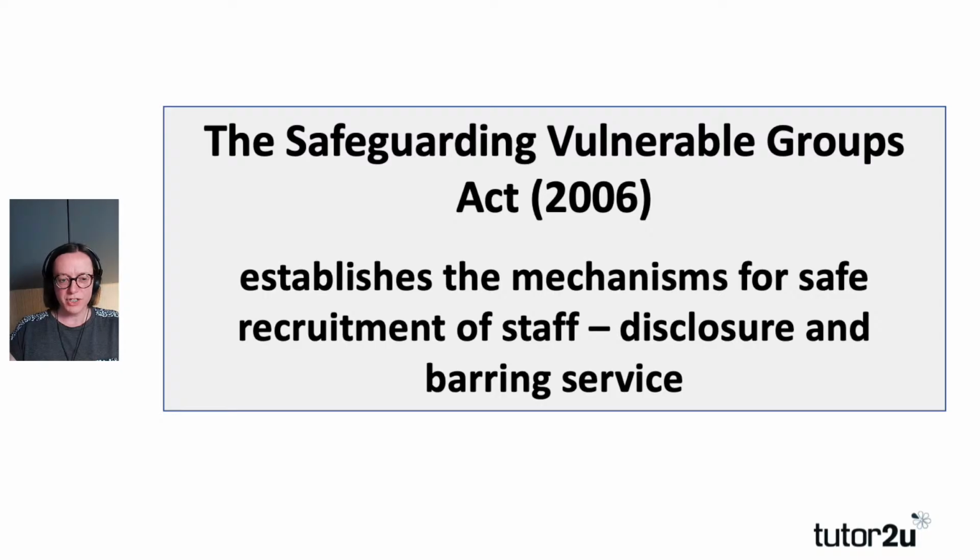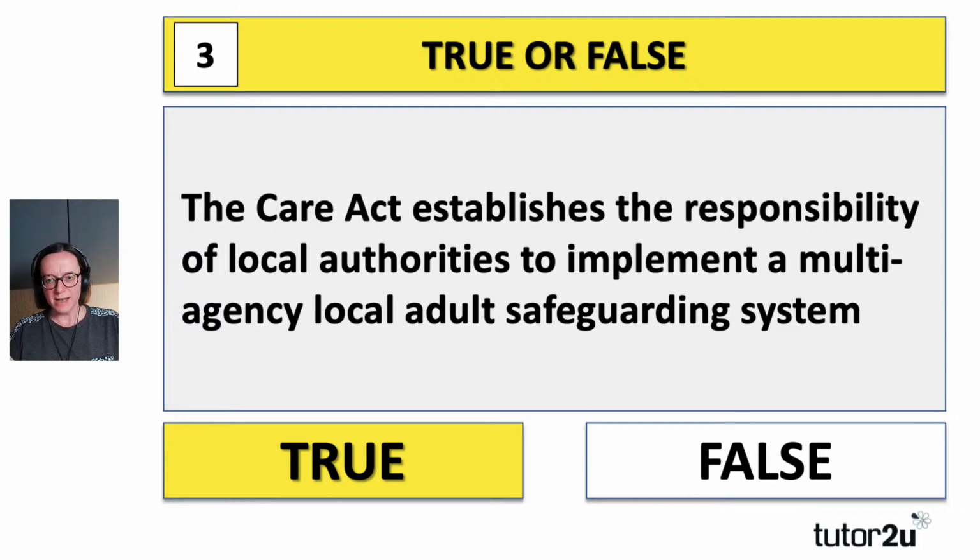The piece of legislation that establishes mechanisms for safe recruitment of staff is the Safeguarding Vulnerable Groups Act 2006. This is what set up the Disclosure and Barring Service. I'm sure all of you have had a DBS check and you've got a DBS certificate. Everyone that works in health and social care should have that. Yeah, well done. Okay, next one.